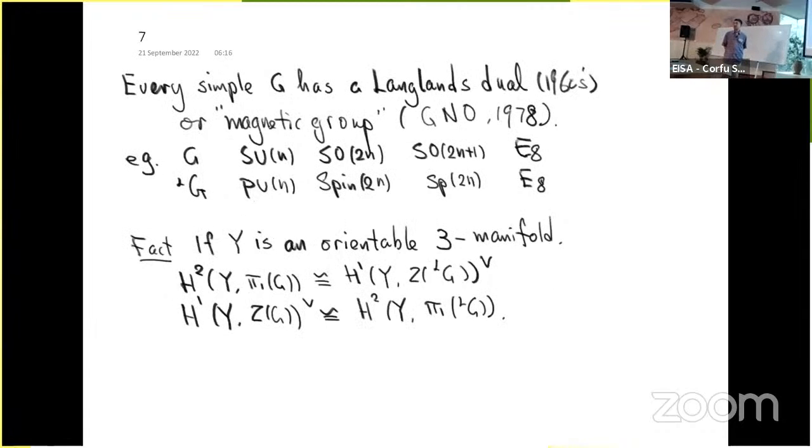Now, the other concept is about duality. For any simple Lie group, which we now use as a gauge group, there is a Langlands dual group, discussed by mathematicians for the purpose of studying number theory and automorphic forms, but it was independently discovered by physicists Goddard, Nuyts, and Olive, and they call this group the magnetic group.